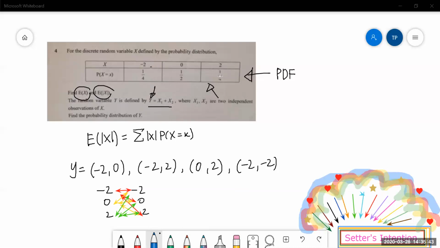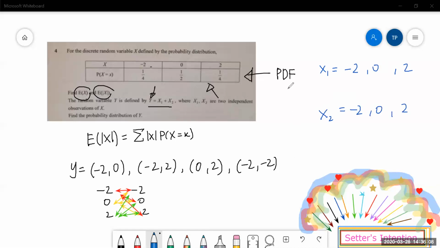So you have to take into account every single permutation of it. x1 can take on -2, 0, or 2, I don't know. x2 can also take on -2, 0, or 2.